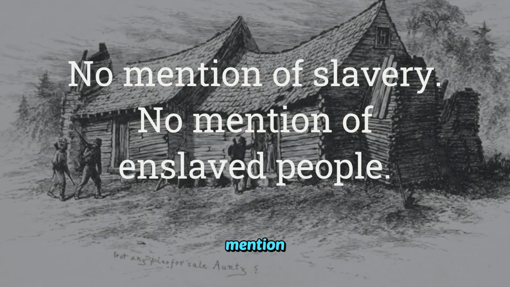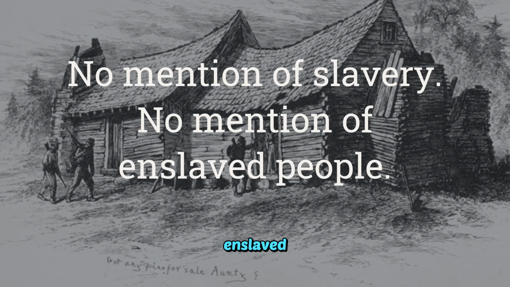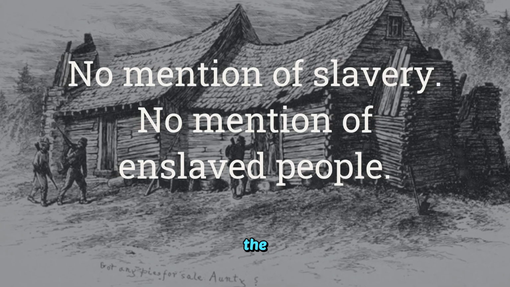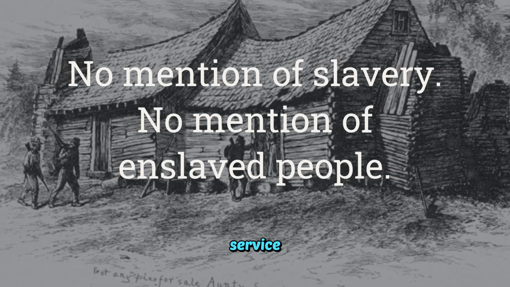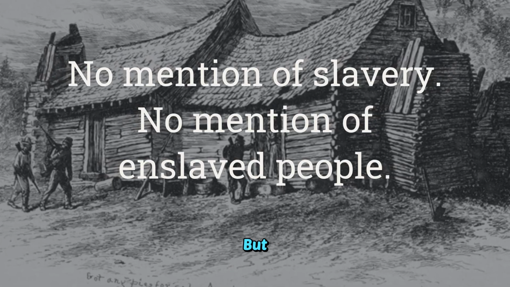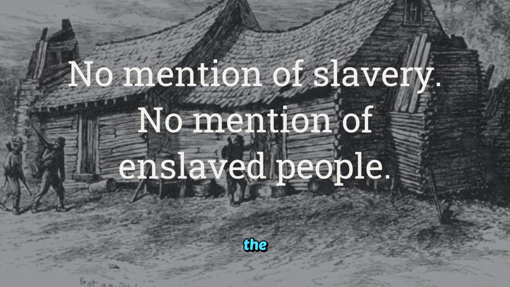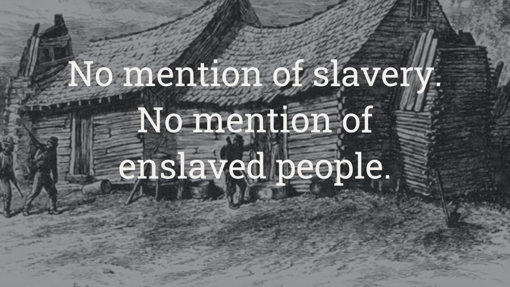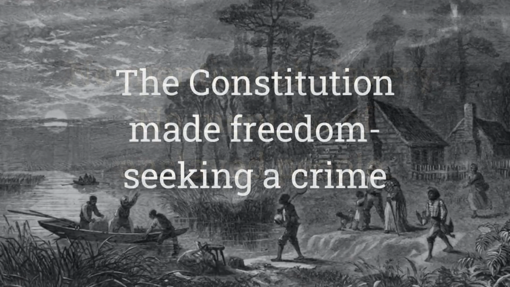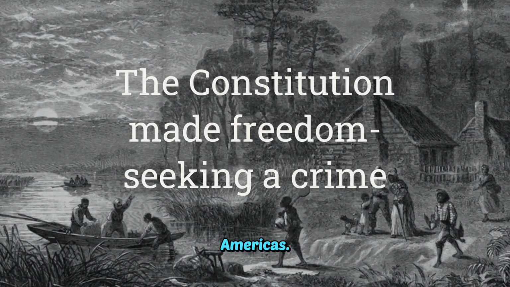Again, no mention of slavery, no mention of enslaved people, only the careful legal language of service and labor. But the meaning is precise, and the consequences were devastating. This clause further widened the gap between the 2 Americas.